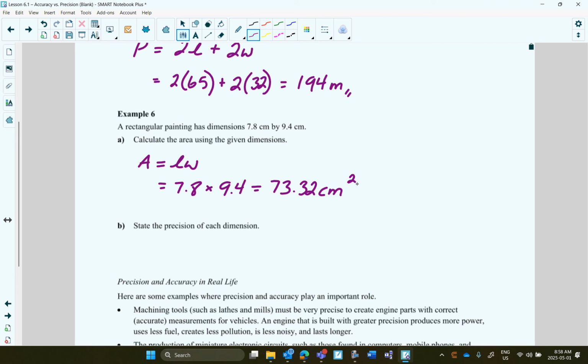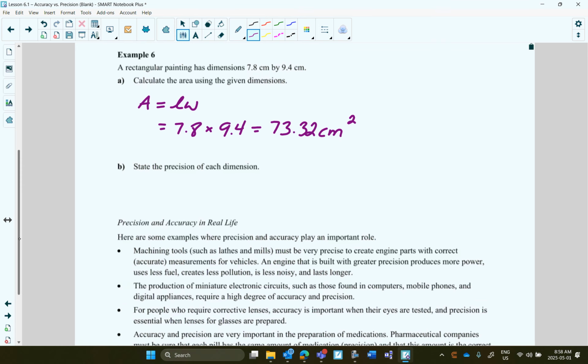Not the area, the dimension. Notice the area has a different number of decimal places than the dimensions do. So what would we say is the precision of the dimensions? Nearest 10th. 100th would be the precision of the area.